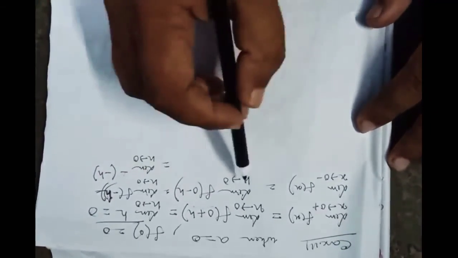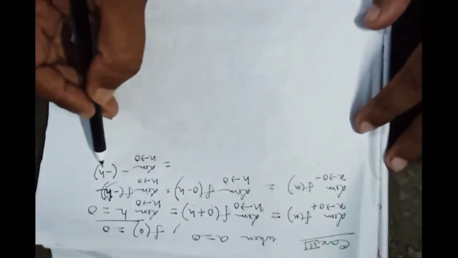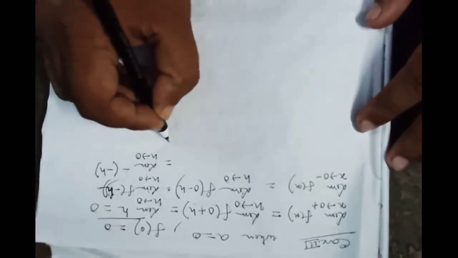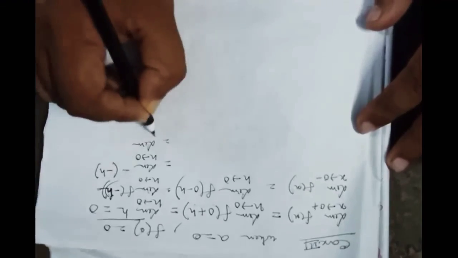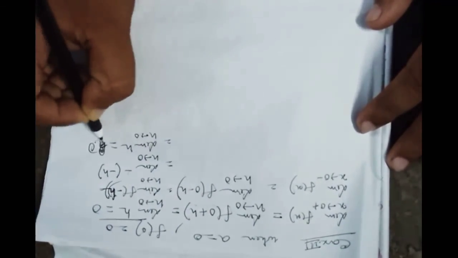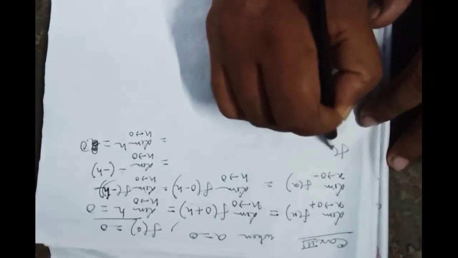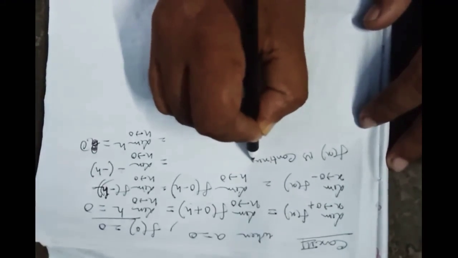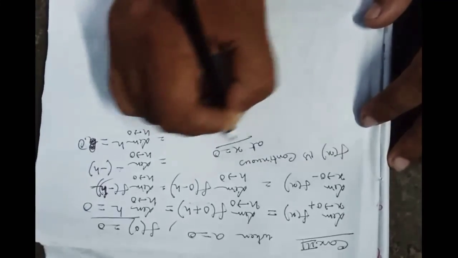That is because we are taking the value of mod x, so minus of minus h when h less than 0. So here we are getting limit h tends to 0 of h, that equals 0. So we are getting that f(x) is continuous at x equals 0.